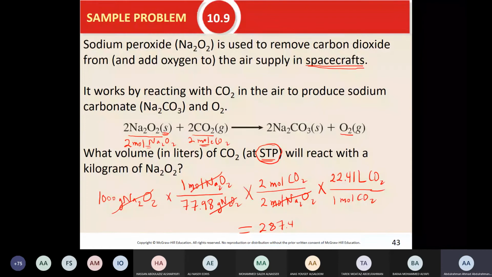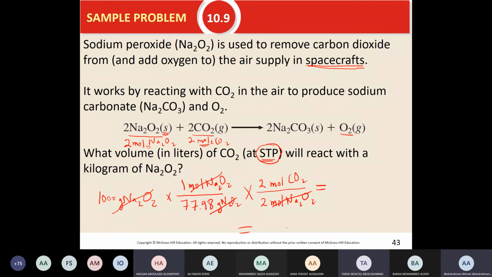Also, let's very quickly go back. I want to erase here and erase here, and I want to stop here. I'll tell you the answer only after this step. Give me the answer. 12.82. Who got the same answer? Then I will apply PV equals nRT. Can I do that?